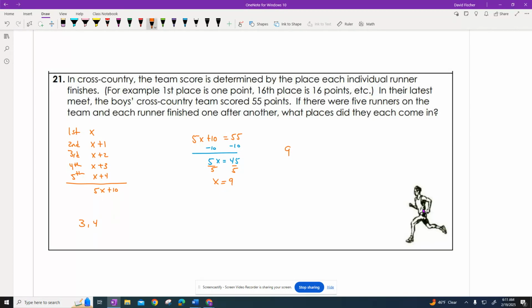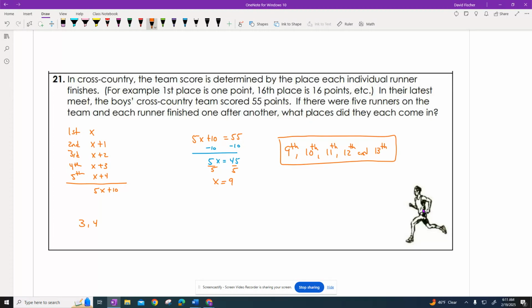So the first guy is going to come in 9th place. The next guy is going to be 10th. The next one's going to be 11th, 12th, and 13th. Let's see, 1, 2, 3, 4, 5.